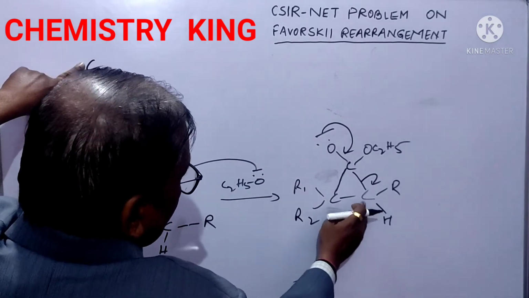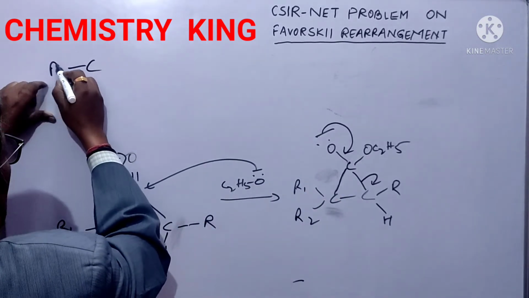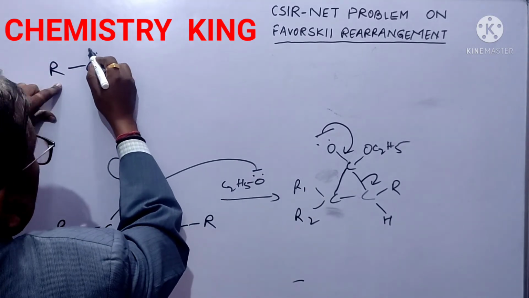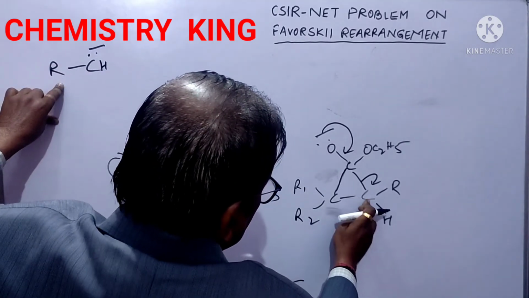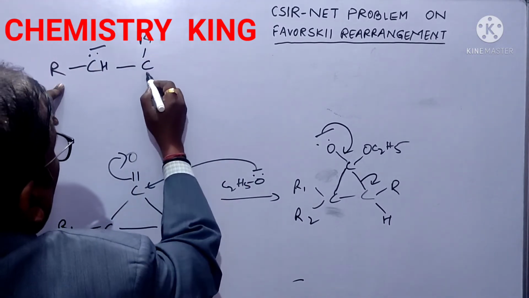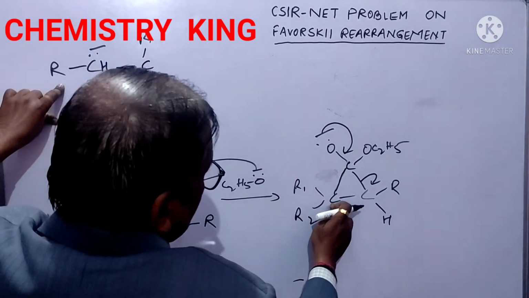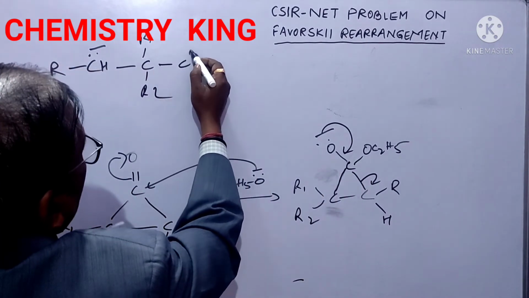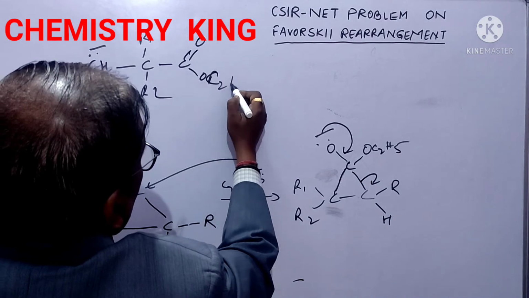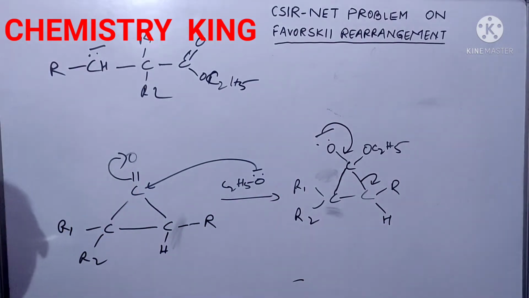so you get C R H and minus is here. It is attached with this C R1 R2. This is attached with this C double bond O, OC2H5. This is the situation.